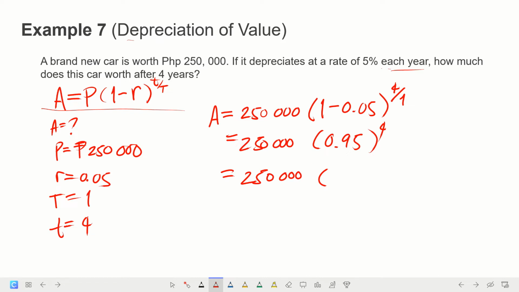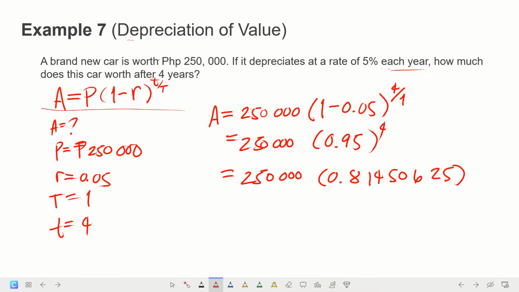So 0.95 raised to 4 is equal to 0.81450625, times 250,000. I made a mistake earlier, so times 250,000.